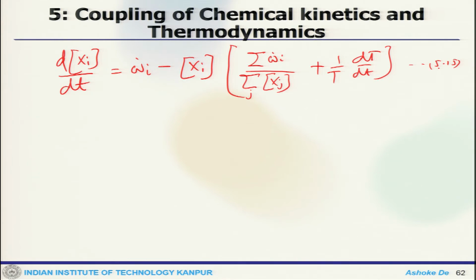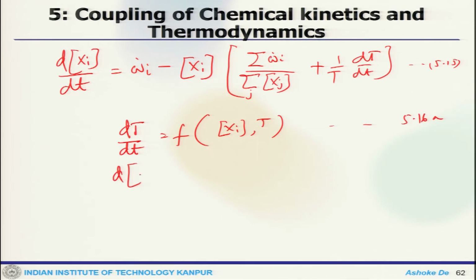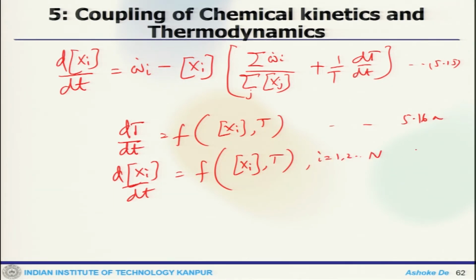So, in summary, the problem is to find the solution of the following two sets of differential equations. One is that dT by dt equals a function of the concentrations and T, that is number 1, and the second one is that d x I by dt is a function of the concentrations and T for I equals 1 to n.